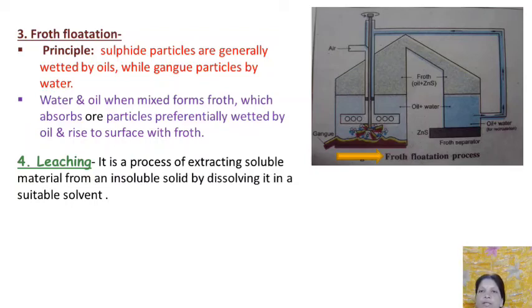It is not included in the syllabus, but we are describing here so that you can know which process is followed for the concentration of the ore. In froth flotation method, water and oil when mixed form froth, which absorbs ore particles preferentially wetted by oil and rise to the surface of the froth, and they can be separated or concentrated over there.